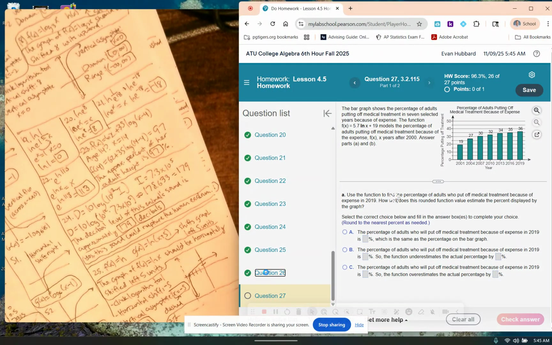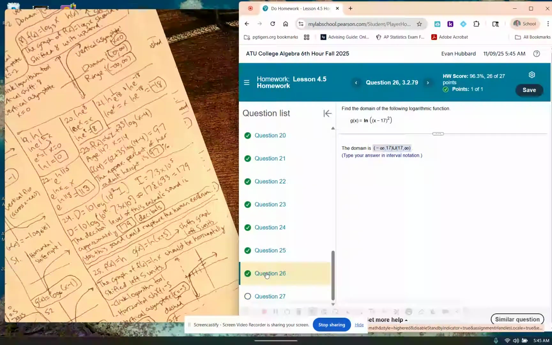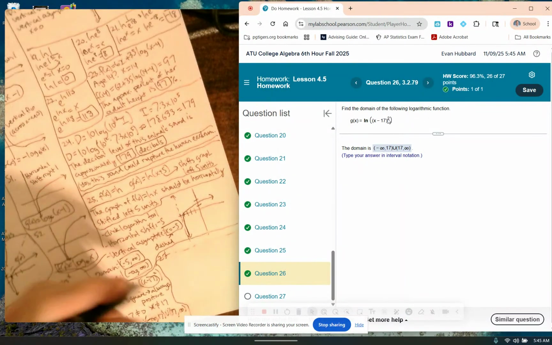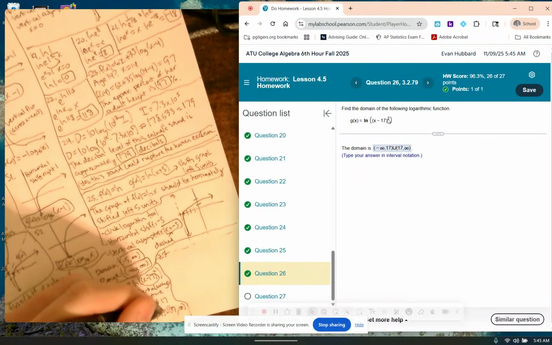All right, I'd like to apologize. I realized I wasn't recording there. On this one, something I talked about that no one heard is that the argument has to be greater than 0, but with the square, it's never going to be negative, so we don't have to worry about that. The problem is it can't equal 0.